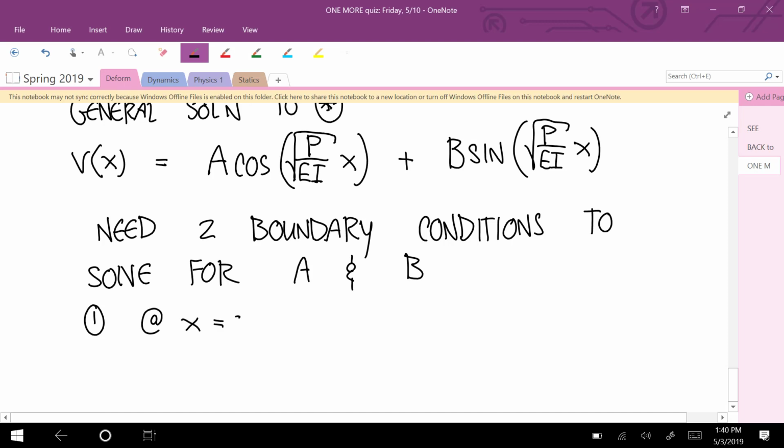So at x equals 0, V is equal to 0. And then the second one we're going to use is at x equals L, deflection is equal to 0.